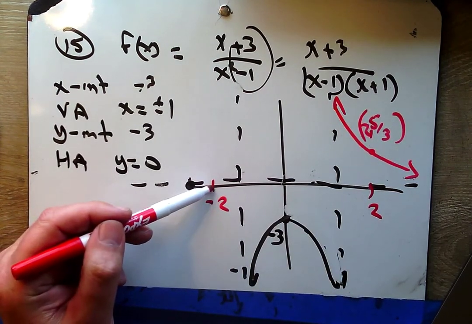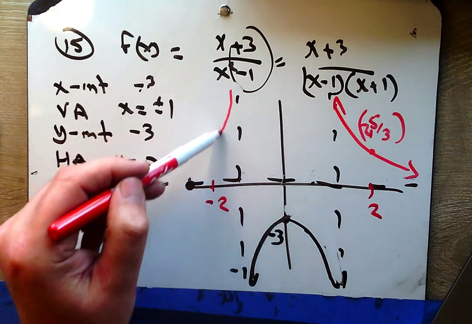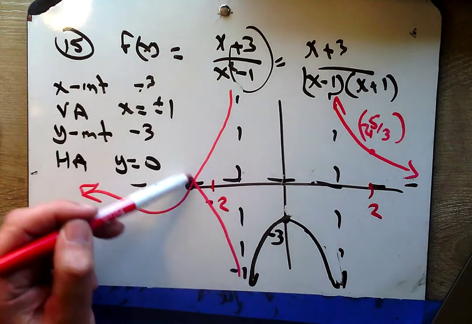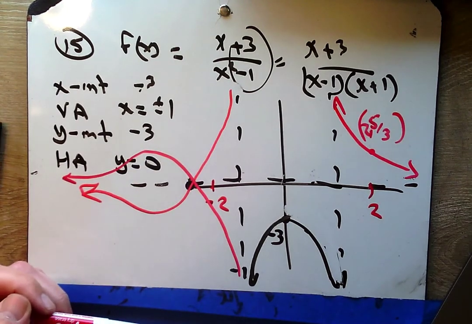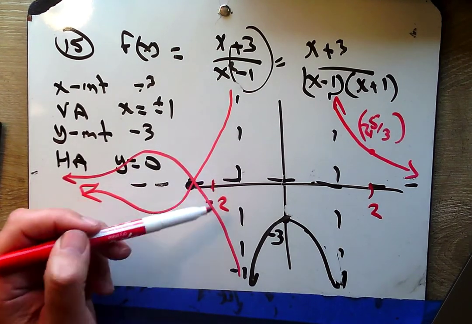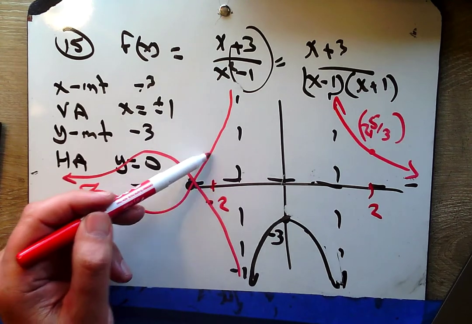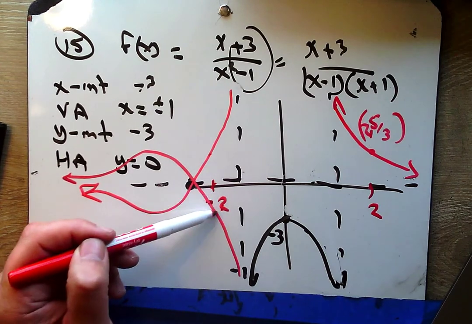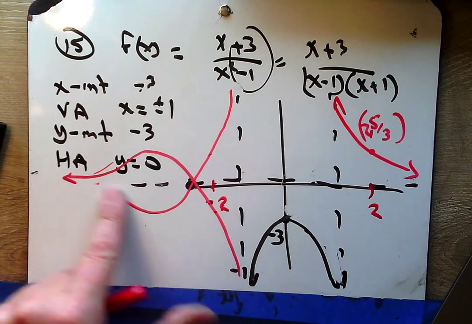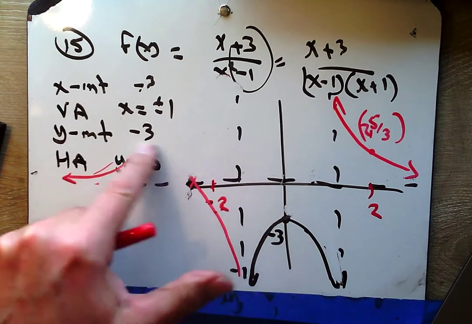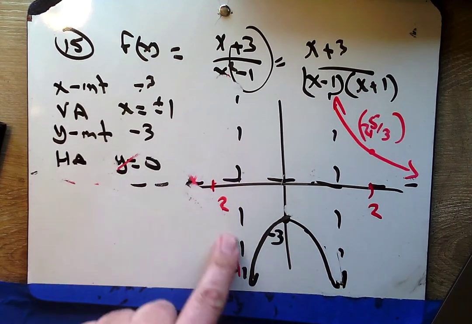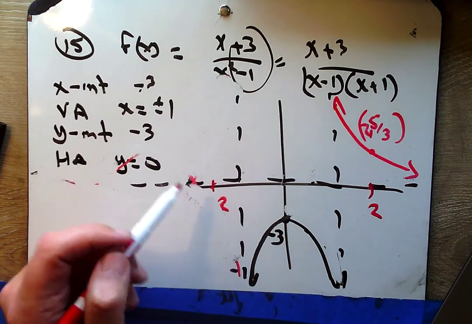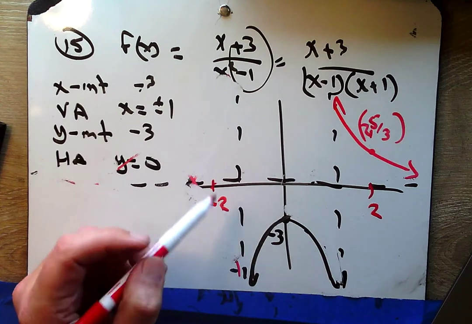And over here, well, remember, we've got 2 options. We've got this option, but we could also have this option. So depending on whether my result from testing negative 2 is a positive number, I'll get this. If my result of plugging in a negative 2 is a negative number, I'll get that. I find it useful to pre-think about this stuff rather than just stumbling forward and hoping I get something good to look at.